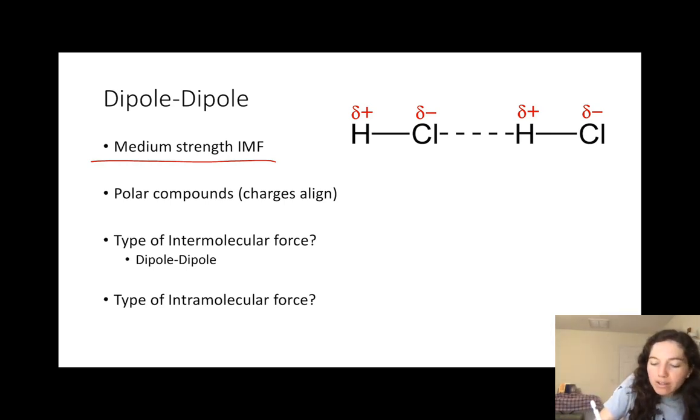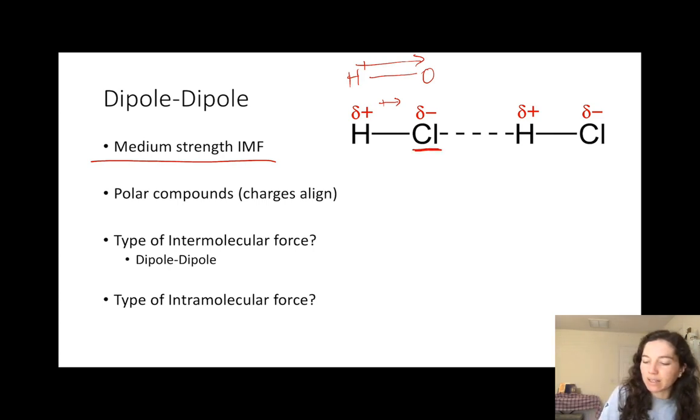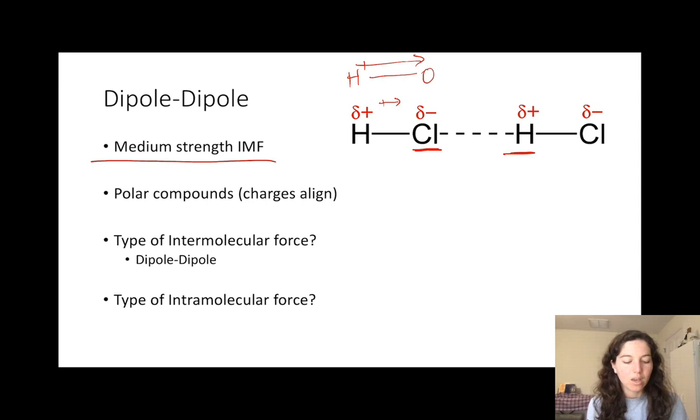There's a smaller difference here than there would be, say, with water and oxygen. This is a much bigger difference in electronegativity here. We do see that these charges align, where the negatives kind of line up with positives. So the type of intermolecular force we're seeing here is dipole-dipole.